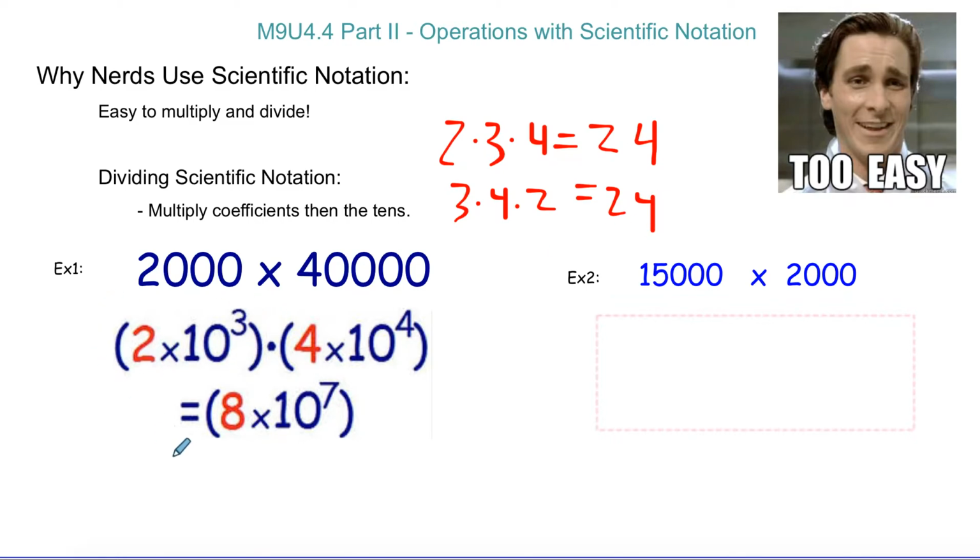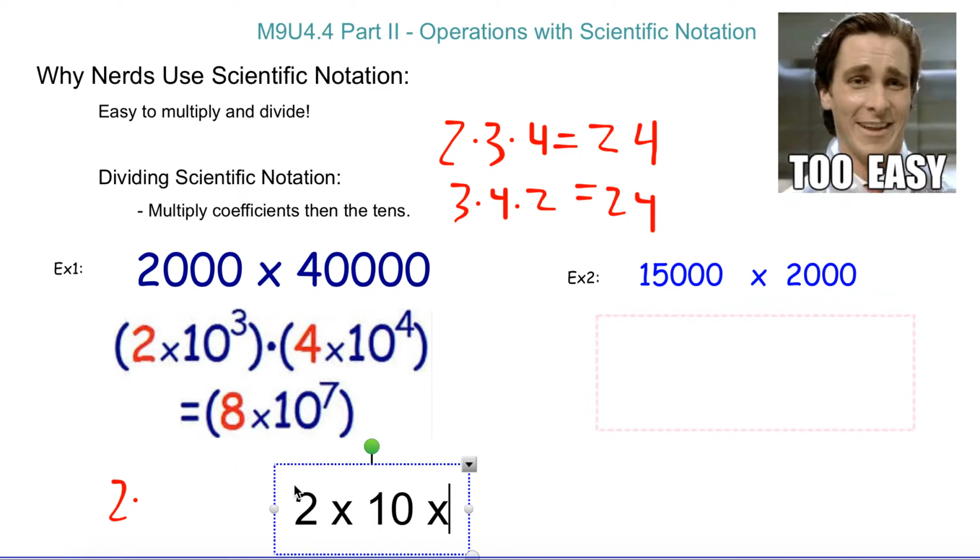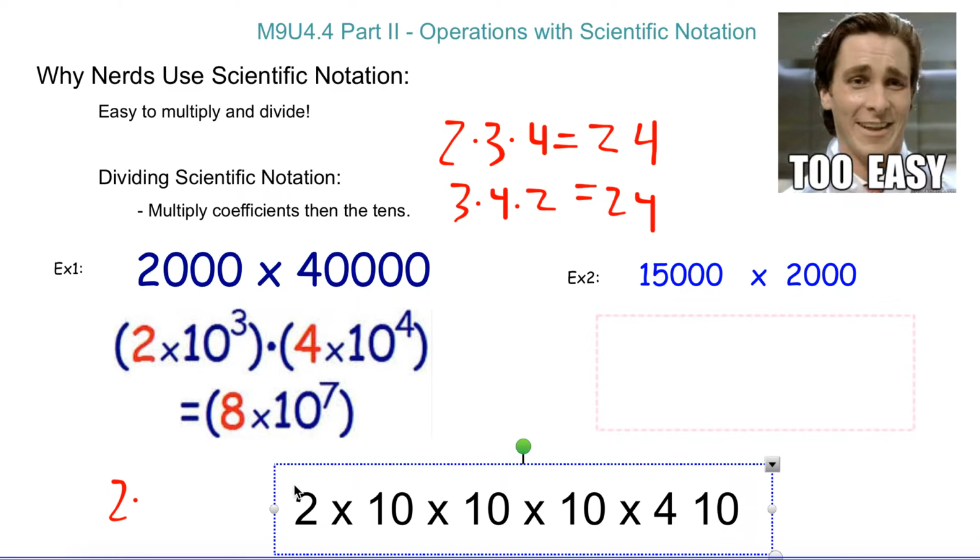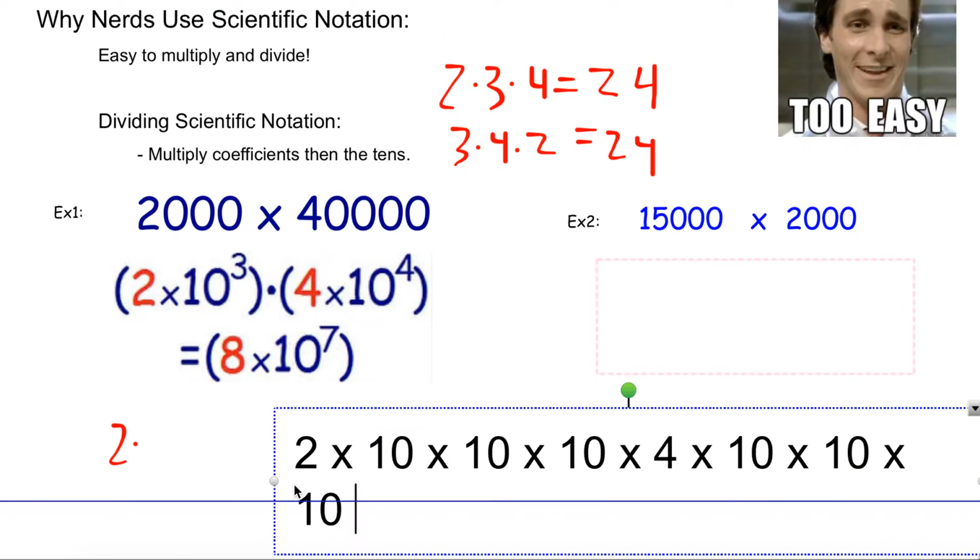We could write this out as 2 times a bunch of 10s. Let me try to do it in a text format instead. You could say 2 times 10 times 10 times 10 times that 4 times the 10 times another 10 times another 10 times another 10.